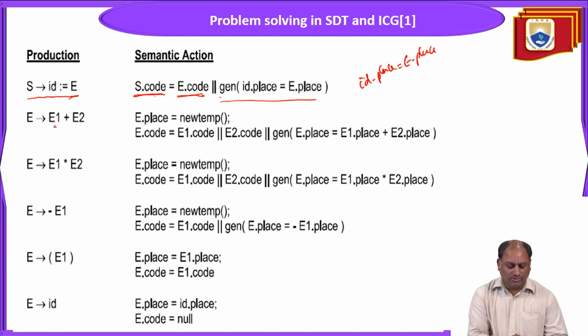Similarly, we have to consider the next production, that is E derives E1 plus E2. In this, a new temporary is to be created for the place value, that is E dot place.